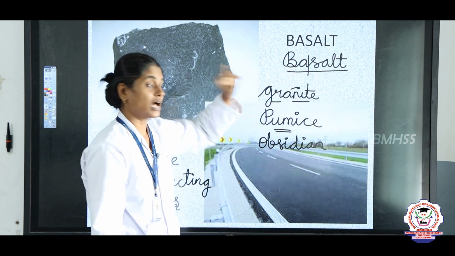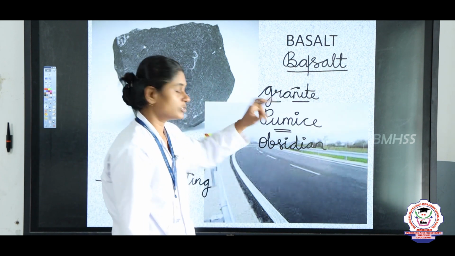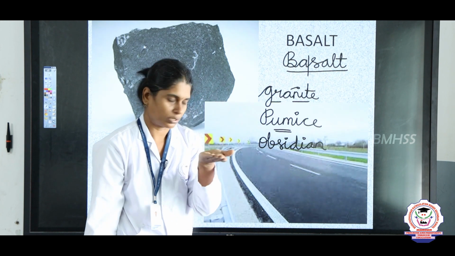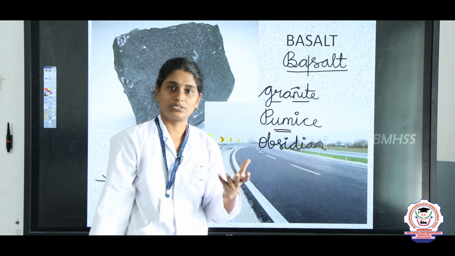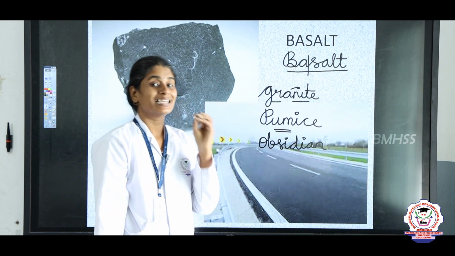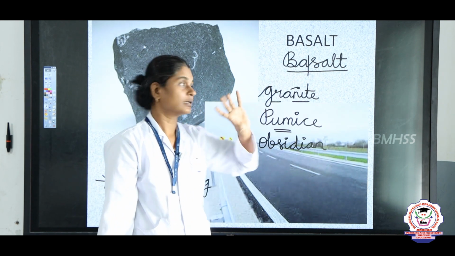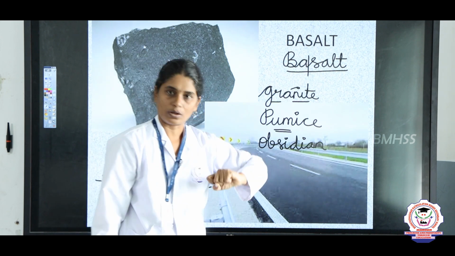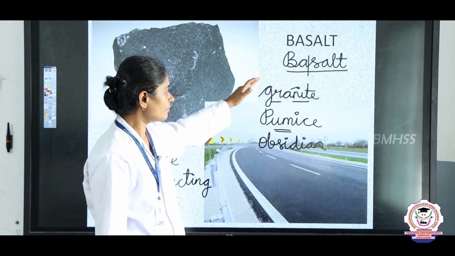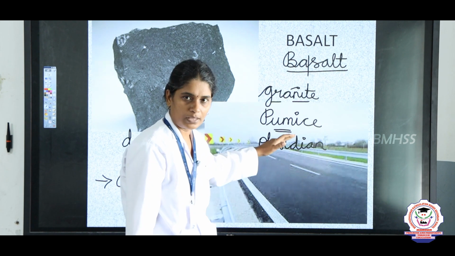Granite is a hard rock, pumice is a very lightweight rock, right. Obsidian is used as ornaments and is a shiny smooth rock, and basalt is a very dark and dense rock, right. And also we saw where all these rocks are used.